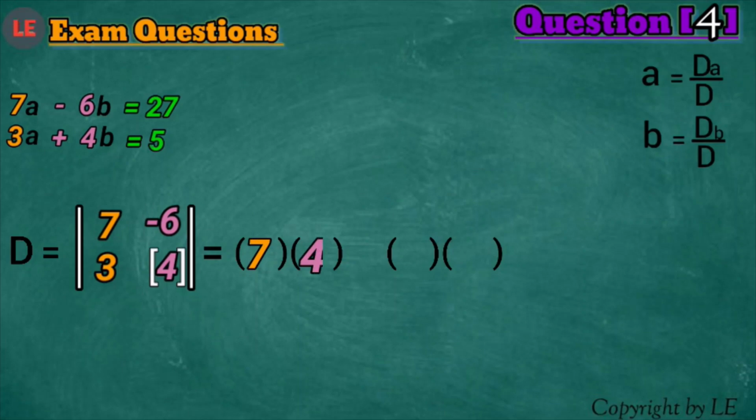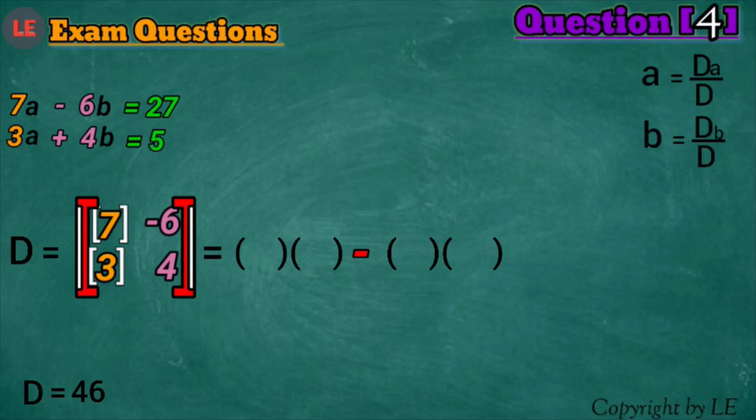7 multiplied by 4, then apply the minus sign, thereafter you multiply this 3 with this negative 6. This gets us the determinant to be 46. Then we move to find the determinant with respect to a. To find that, you take this determinant of coefficients and replace only the coefficients of a, which are in column 1, with these constants, like so.